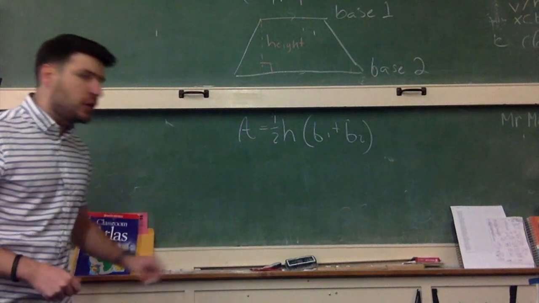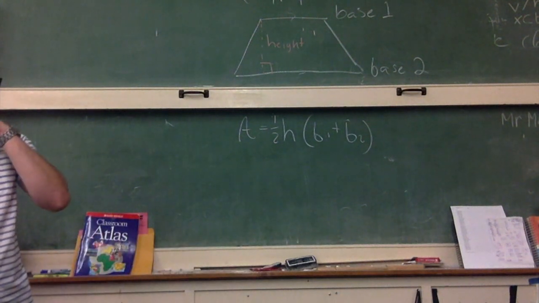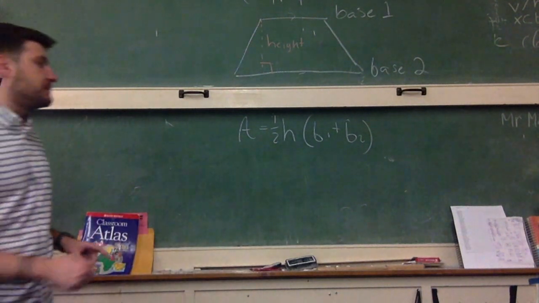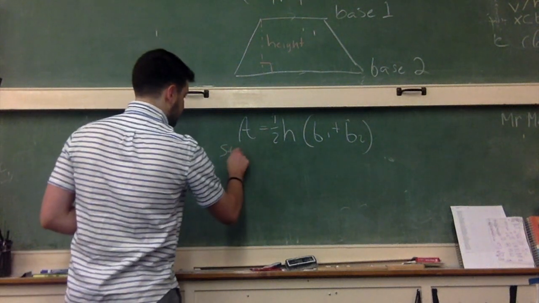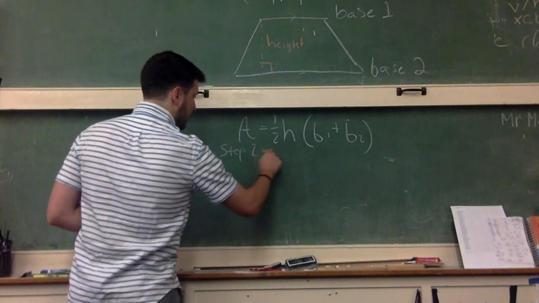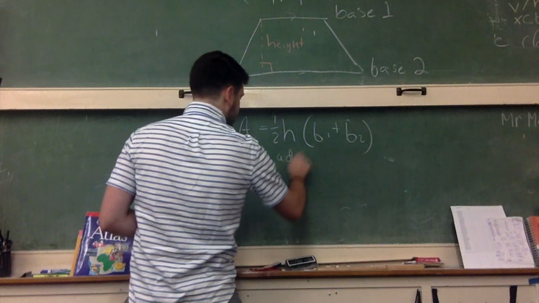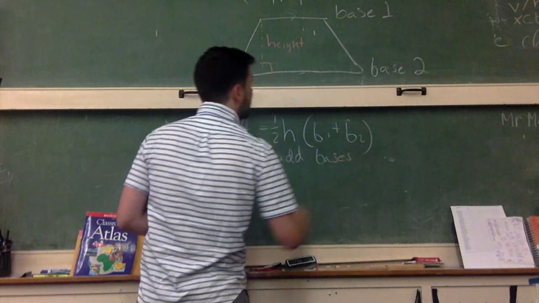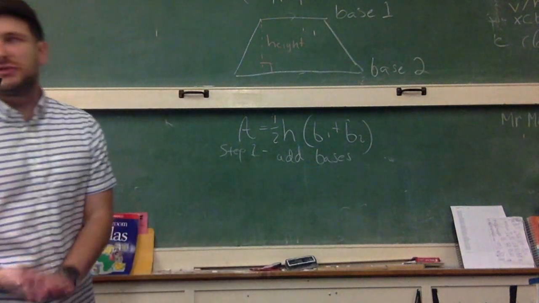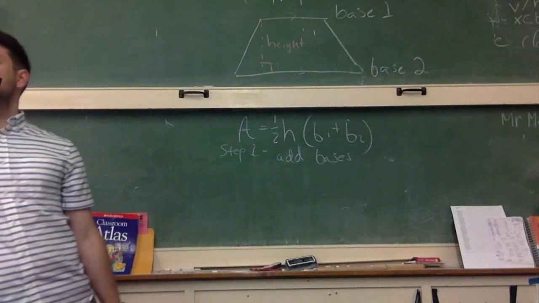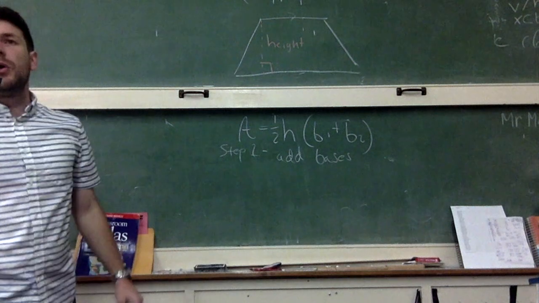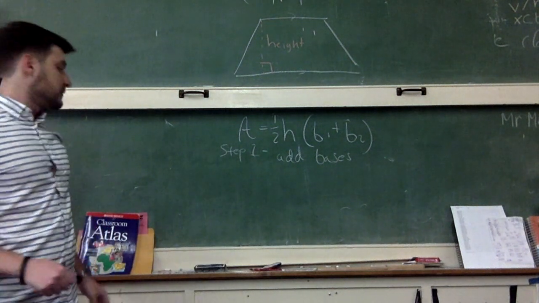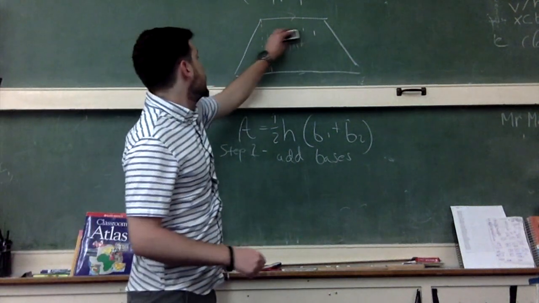I'm going to walk you through step by step. The first step that you want to take, step 1, is add the bases. Base 1 and base 2. So, let's look at an example. We're going to start with the height.